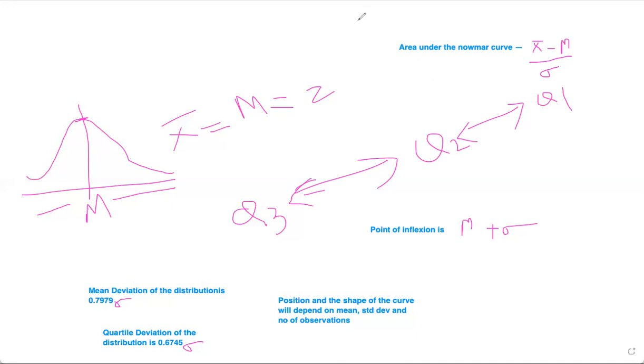Now, this is the normal area. Certain things you remember, even when it is hypothesis testing, it will be useful to you.